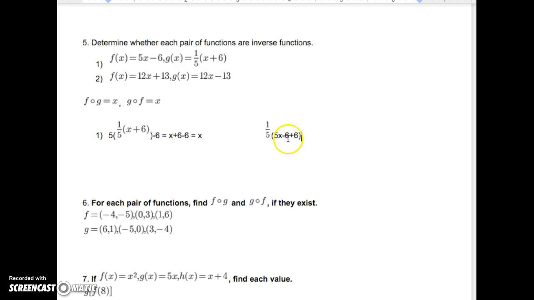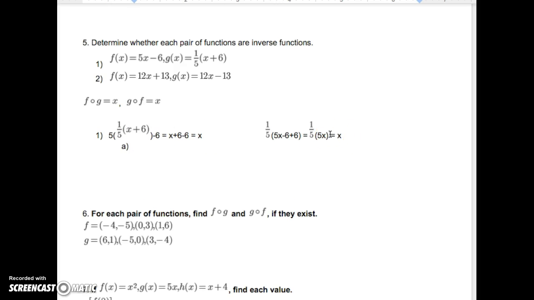Hopefully you can see inside here, minus 6 and plus 6 cancel out, so this is just 1/5 times 5x. And again, 1/5 and the 5 cancel, and we're left with just x. Because these both gave me x, that tells me that pair 1 are inverses.